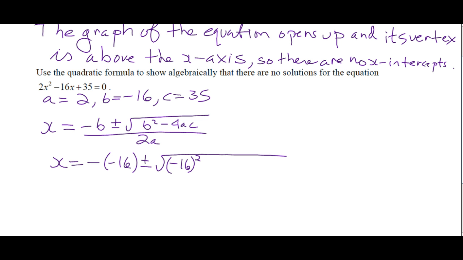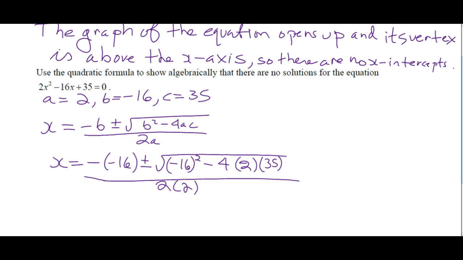Always put the b value in parentheses, especially if it's negative. Minus 4 times a, which is 2, times 35, which is c. All over, make sure the all extends.